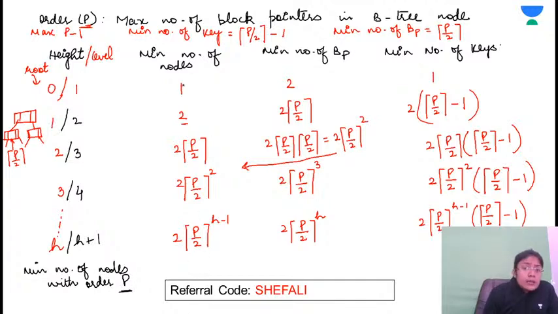You need to take the sum of all of these. Let me know if this is clear, because after that I have to just take the sum, and Lalit has identified it right. This is going to form a GP series. And you know the formula for sum of GP series as well. So I want you to write the formula for the minimum number of keys and the minimum number of nodes with height h.